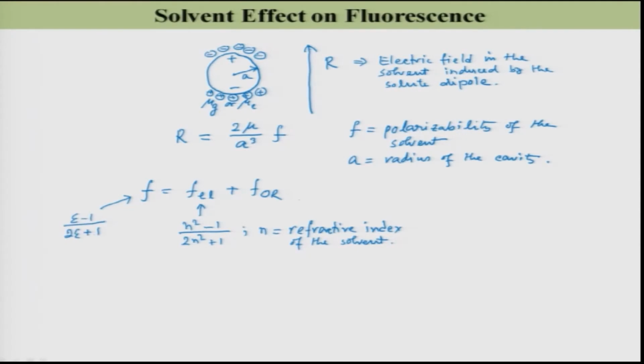So, eventually this F OR is nothing but epsilon minus 1 by twice epsilon plus 1 minus n square minus 1 by twice n square plus 1, where epsilon is the dielectric constant of the medium of the solvent.